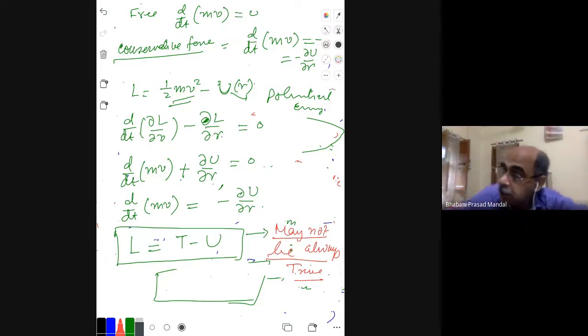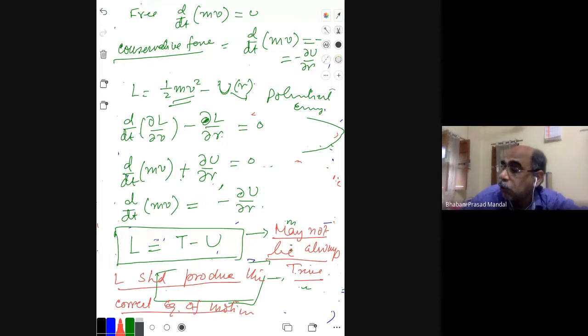The only requirement, which you should remember, is that the Lagrangian should produce the correct equation of motion. This is the requirement for my Lagrangian.